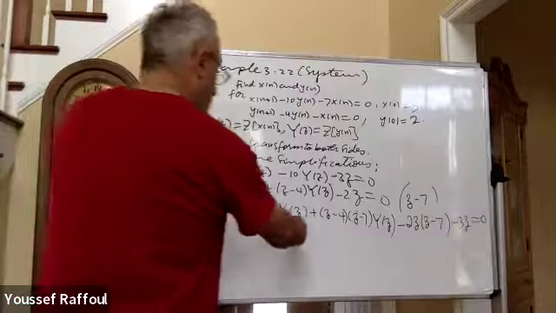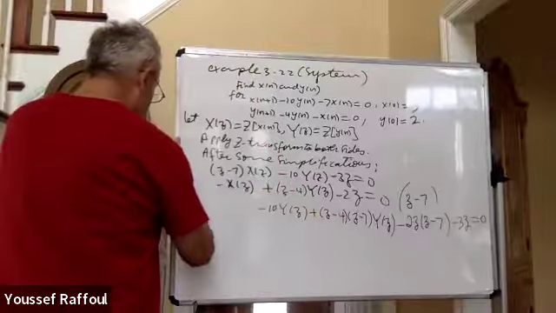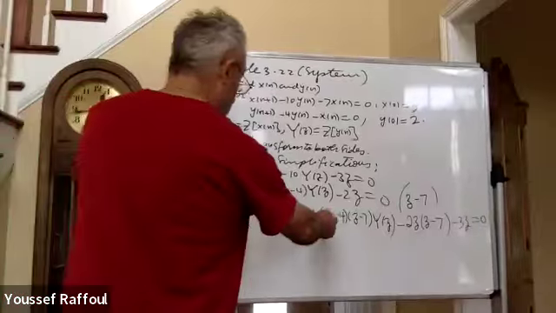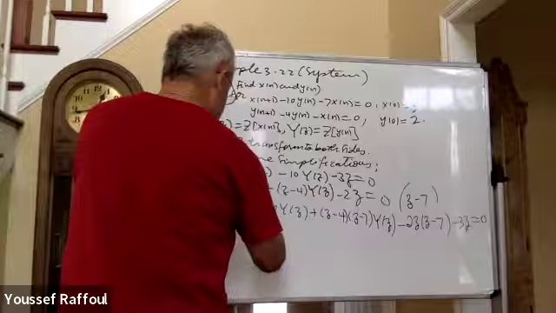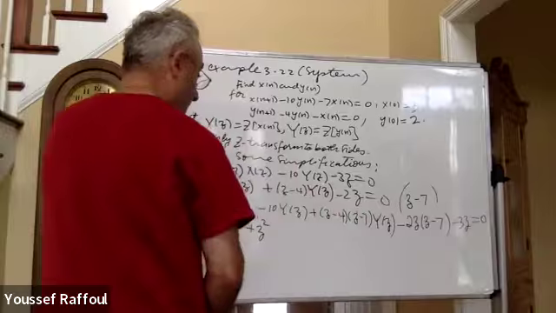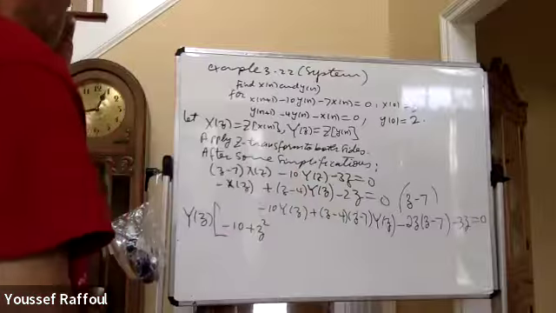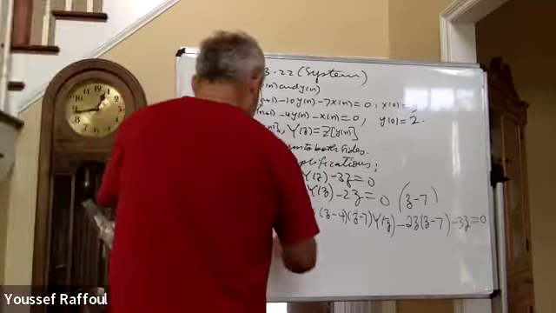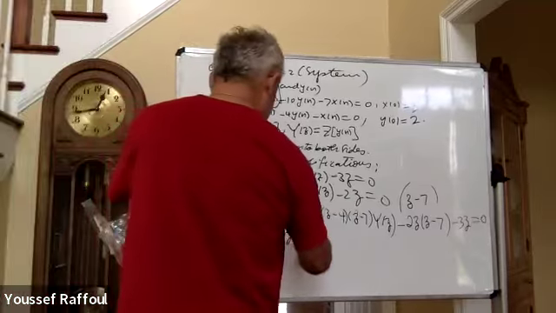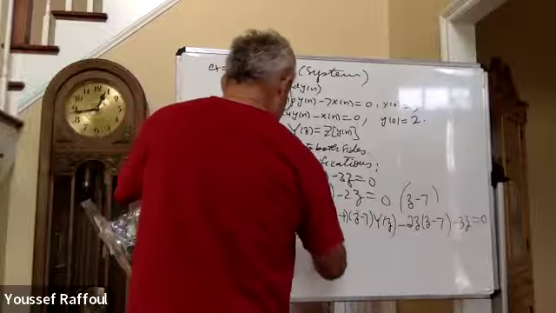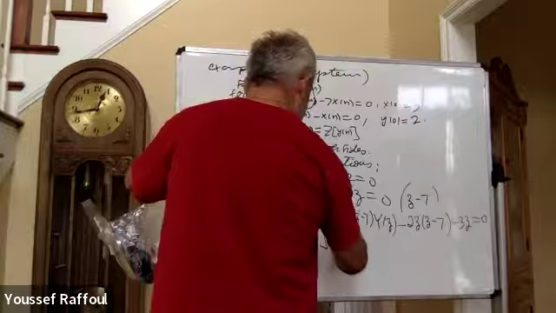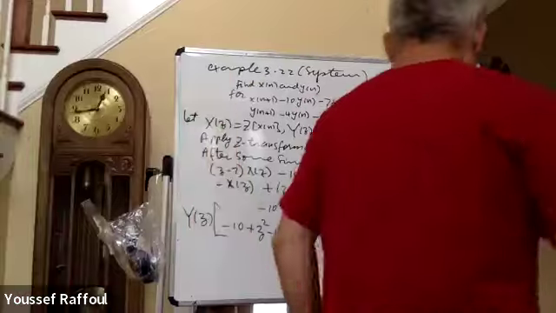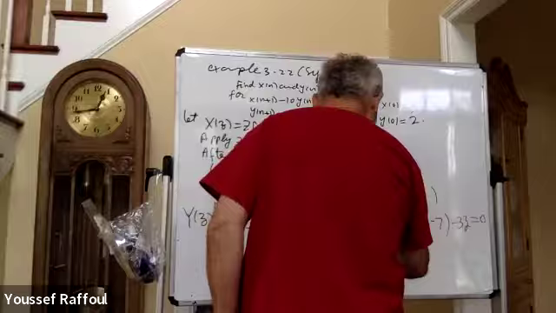So if I keep these together, if I multiply by Yz, this is going to be minus 10 plus z squared minus 4z minus 7z plus 28, equal to 2z squared.